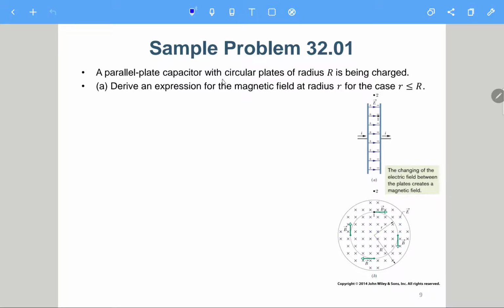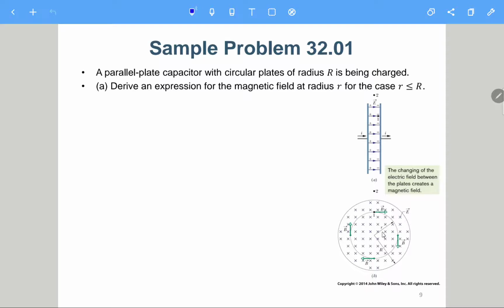A parallel plate capacitor with circular plates of radius R is being charged. Derive the expression of the magnetic field at radius r for the case that r is smaller than or equal to capital R. So this is small r, this is capital R. The capital R is the radius of the circular plate. The small r is the radius of the Amperian loop.